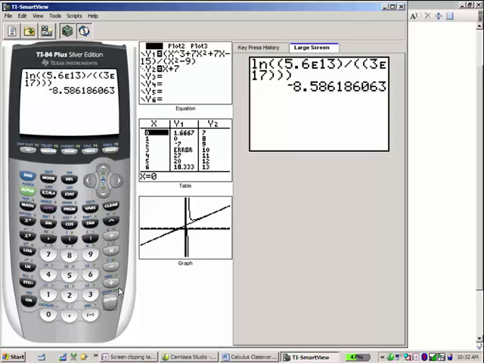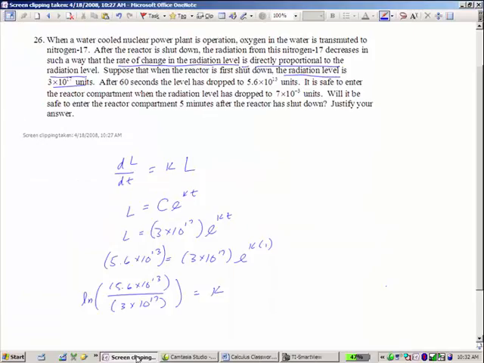Now, it says 5 minutes have to go by. Will it have dropped to a safe number of units in 5 minutes? Let's see if it's safe. So all you really need to do is, we know what C is, and we're asking our question: in 5 minutes, will it be safe?